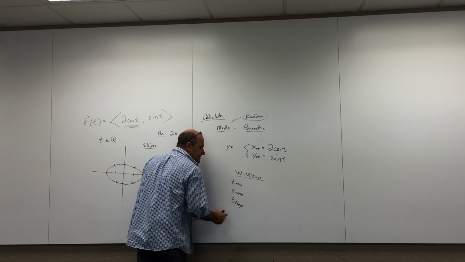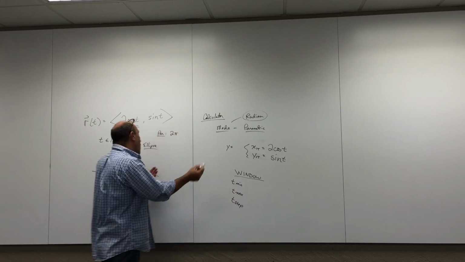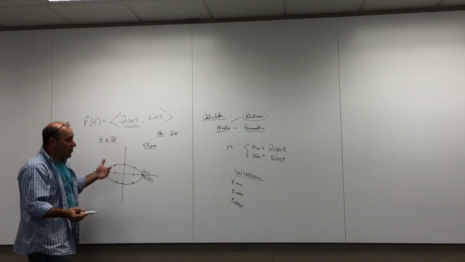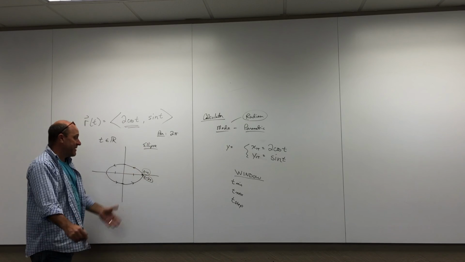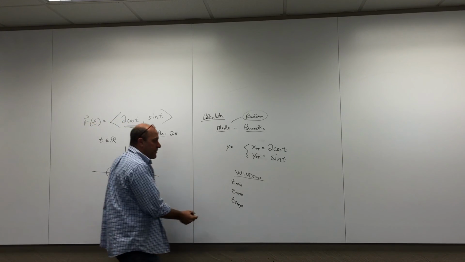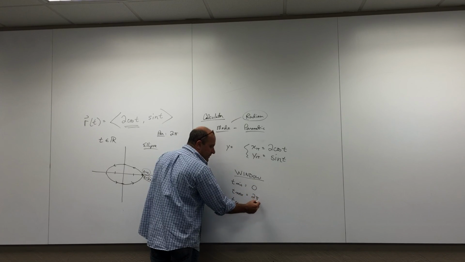Are you seeing that? We've analyzed this already. A good t min and t max might be 0 to 2 pi, and then you see one lap of the ellipse, and you don't need to see more than one lap.